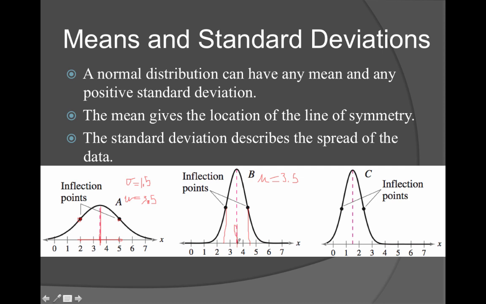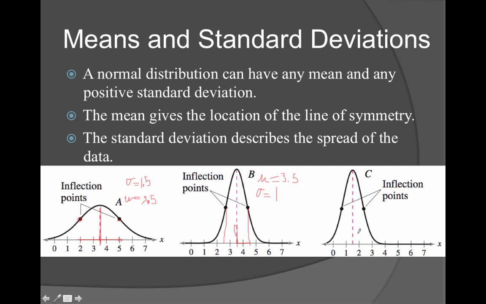So if our mean is 3.5, to go to that first inflection point, I'm only moving one spot. So my sigma here is going to be 1. In other words, graph B has less standard deviation than graph A. That makes sense, doesn't it? Isn't graph B kind of tall and narrow, whereas graph A is kind of flatter and wider?